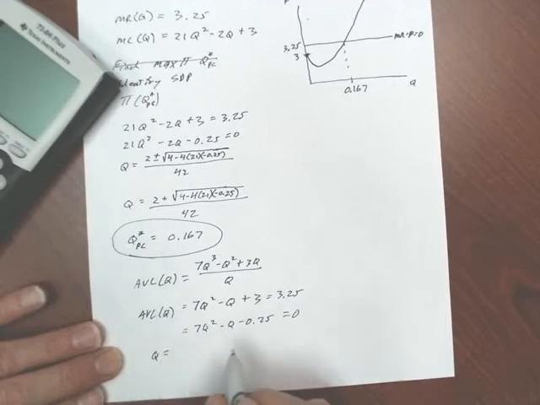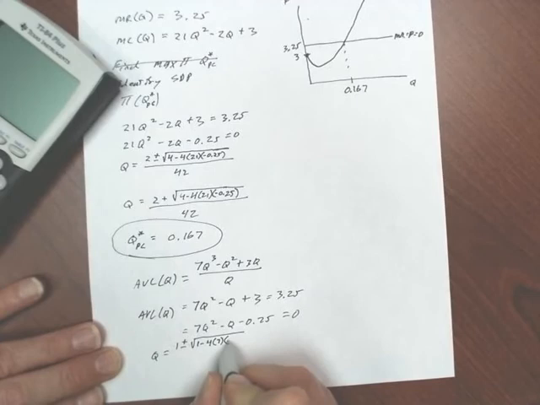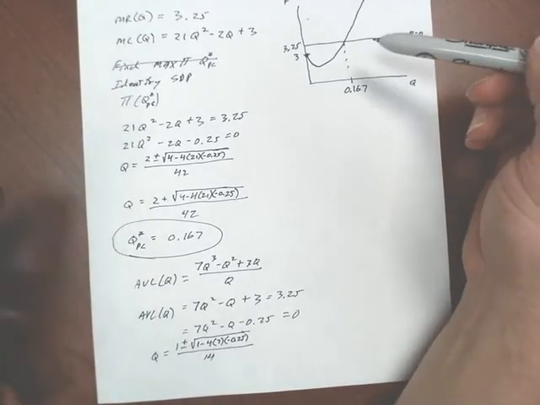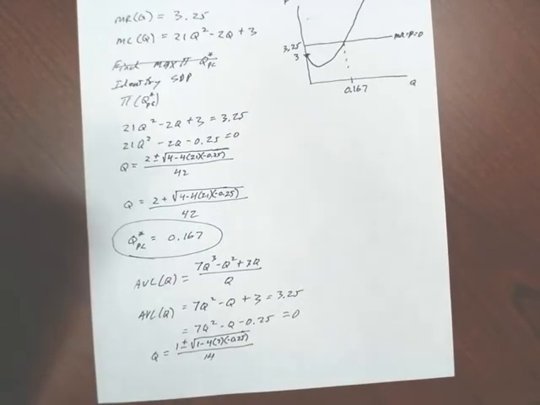So in this case, q equals 1 plus or minus the square root of 1 minus 4 times 7 times negative 0.25, all divided by 14. Now again, we need the positive value of that.